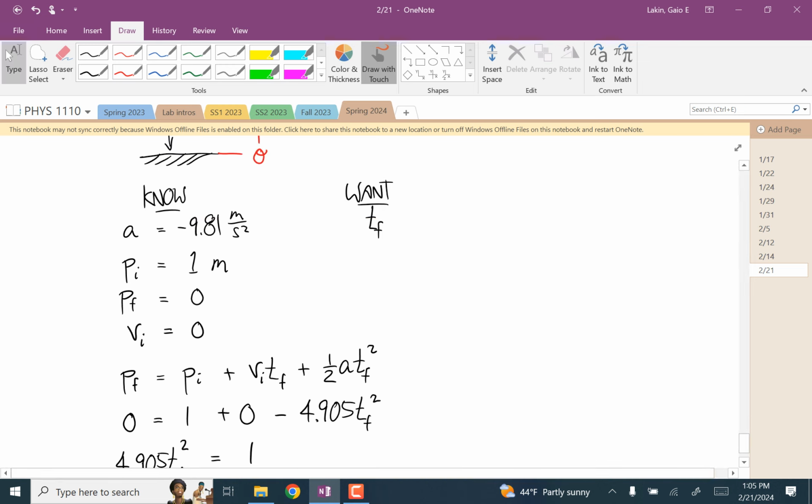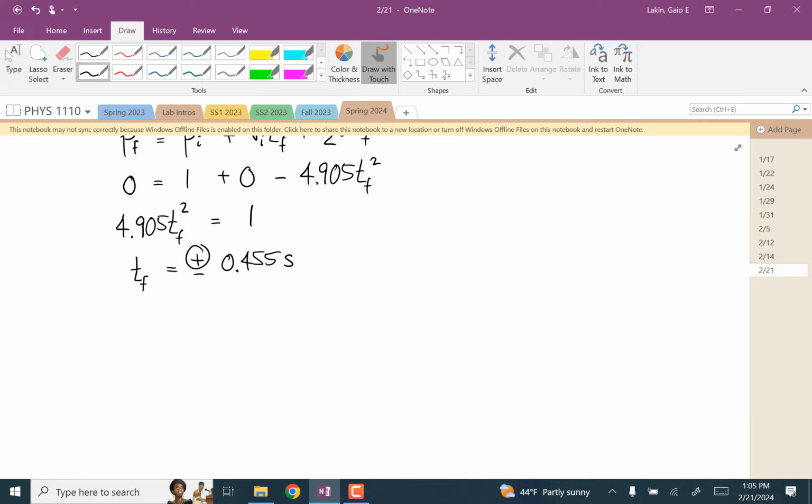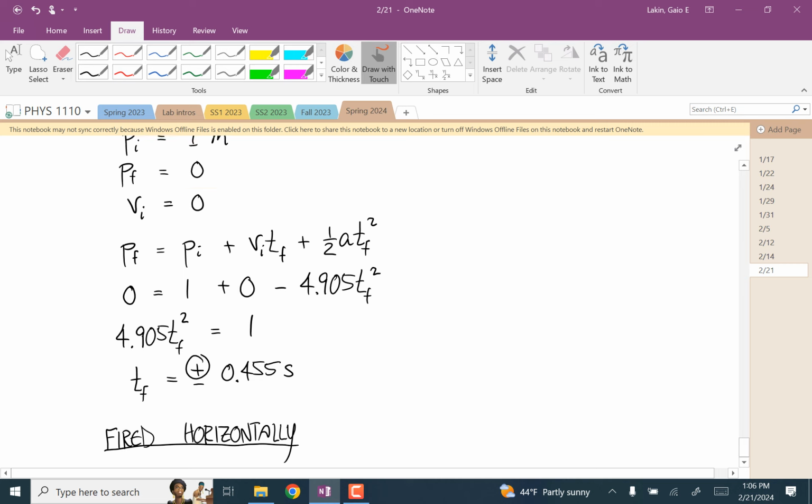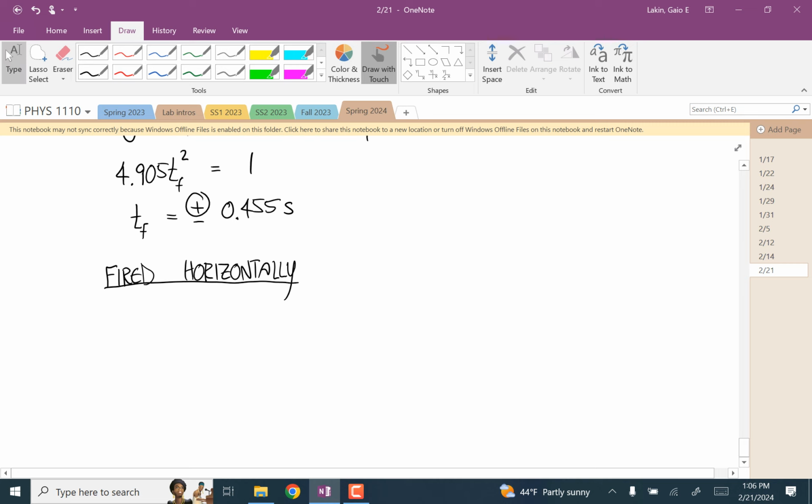So now I'm going to do the calculation to see how long it takes to hit the ground if it's fired horizontally. Okay, so this time, it's going to be fired from a height of 1 meter. Its starting velocity is horizontal, and just to make it a round number, let's say that it's going 1,000 meters per second.